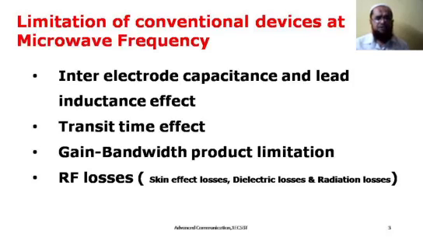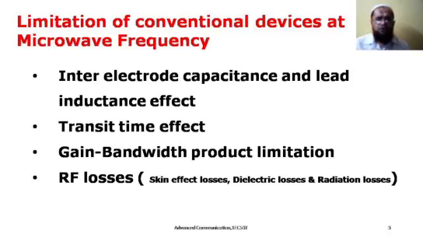Very high frequency signals, which are SHF, UHF, EHF, these signals have very high power. They are high power signals. They cannot be tolerated by the conventional device, or we can say the circuits which are available in electronics.